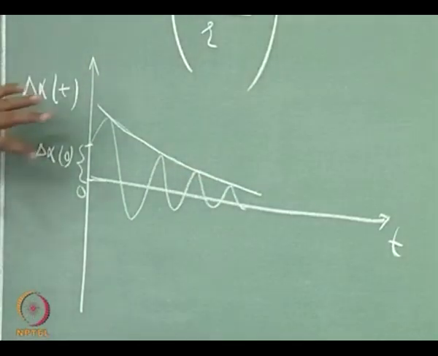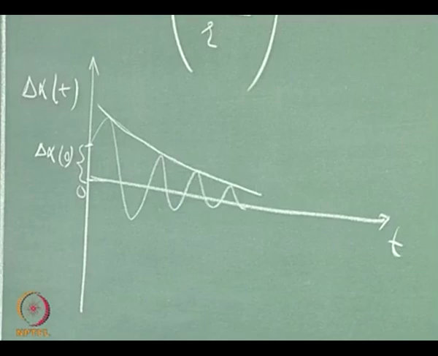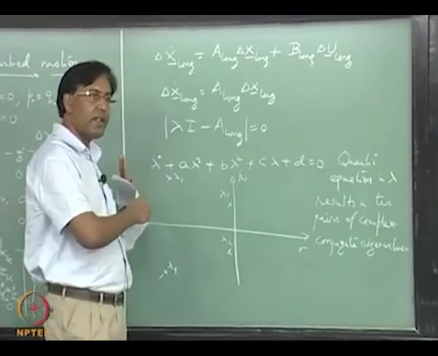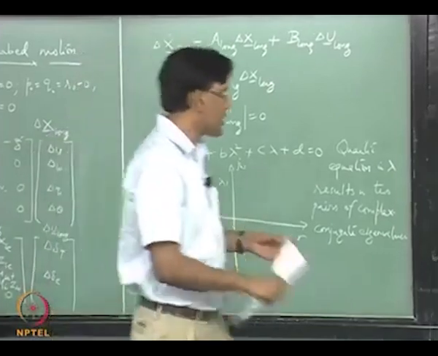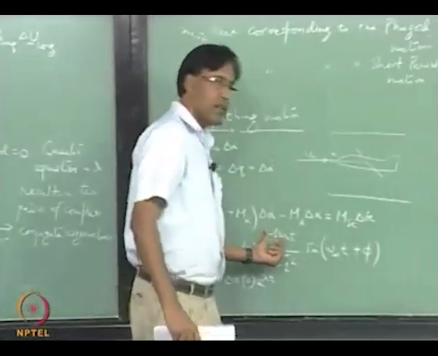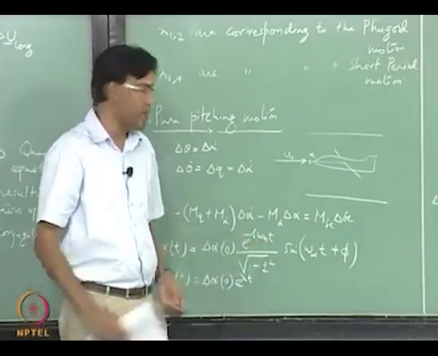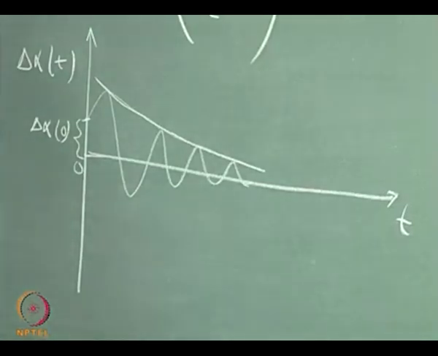And this picture is correct with respect to our assumption that short period mode eigenvalues are lying in the left half complex plane. So, this is going to be a negative term. So, this is what the response would look like.